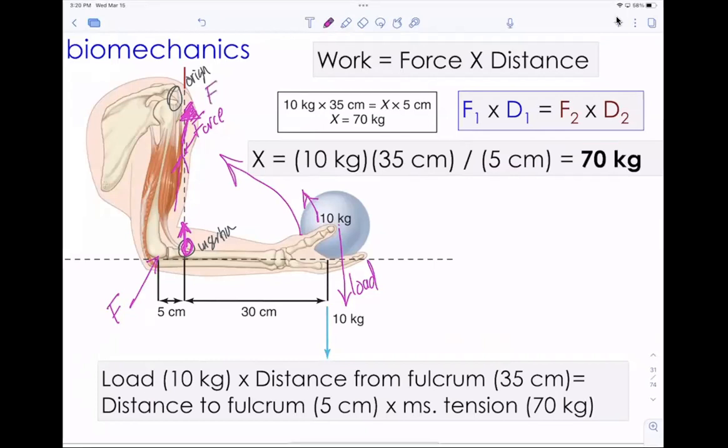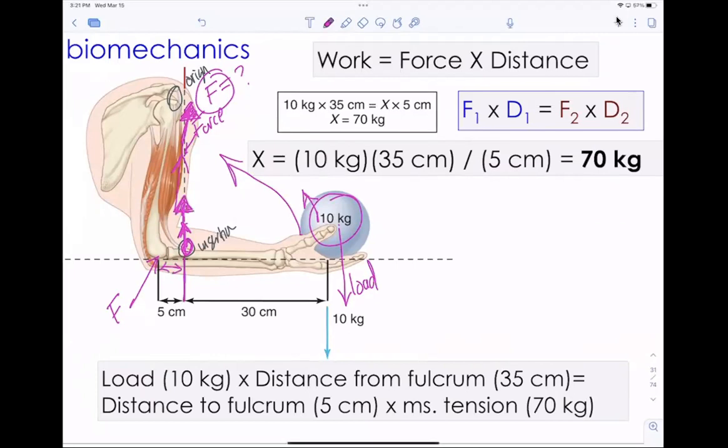We don't know how much force. We don't know F. What does the muscle have to do? We know it has to move 10 kilograms of a load, but we don't know how much force. What's the force? This is a very simple biomechanical problem, but what we're looking at here is where the insertion is and the distance from the fulcrum, because that's where this muscle is pulling from, the insertion.